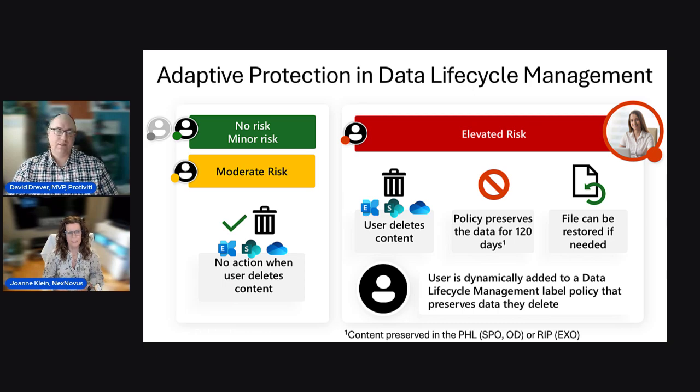That's right. Somebody asked me a great question at a conference I was at on how can you prevent disgruntled users from deleting content when they're going, if it takes a while for them to be detected as an elevated risk level.